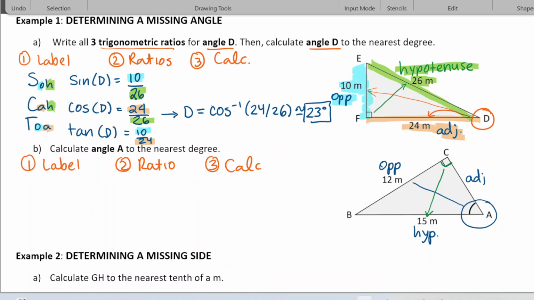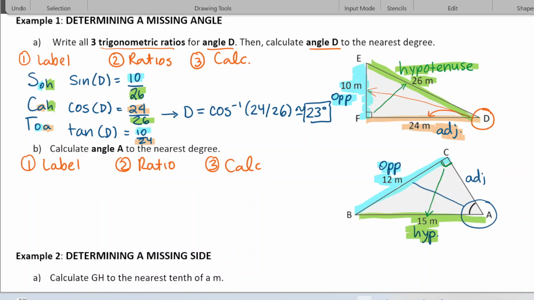Okay. The two sides that I have measurements for, oops, I've used the wrong color here. Let me just erase that. Okay. Are the opposite and the hypotenuse. I don't have the measurement for the adjacent side, so I don't really want to use that side in my calculation.